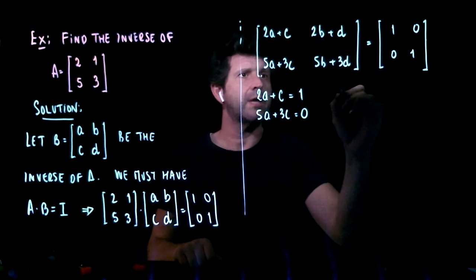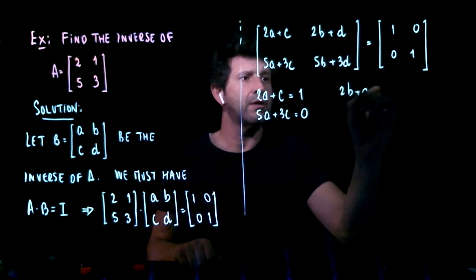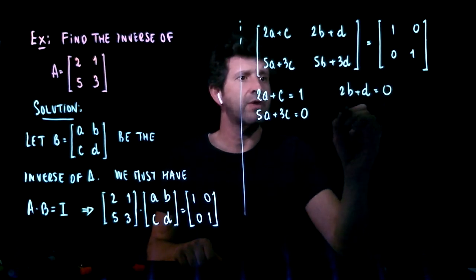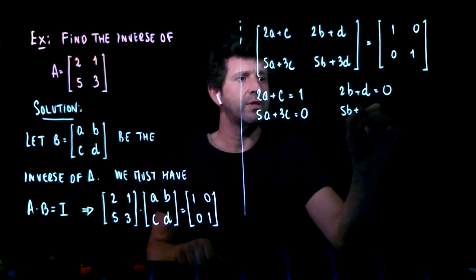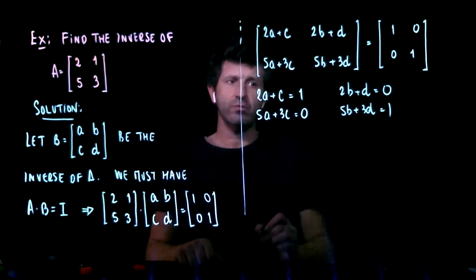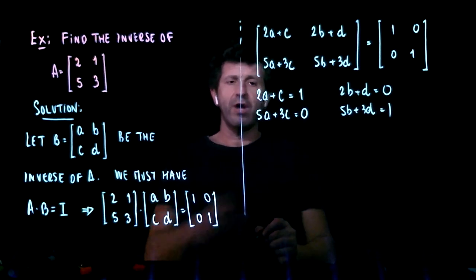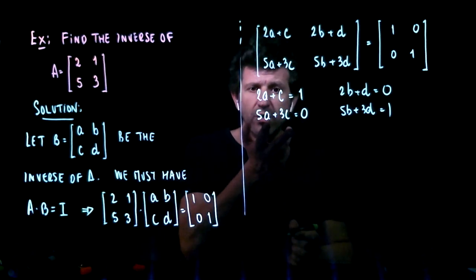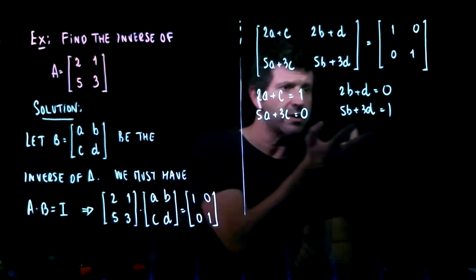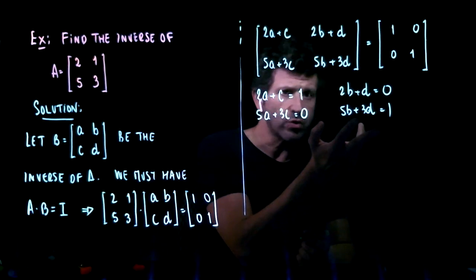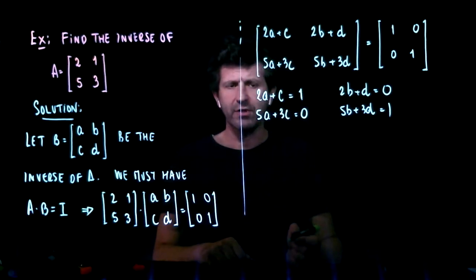And on the other hand, I must have 2b plus d equals 0 and 5b plus 3d equals 1. So I have here a little system with 2 equations, 2 unknowns. That's very easy. And here as well, 2 equations, 2 unknowns. I could solve this pretty easily. Okay, so let's do this.